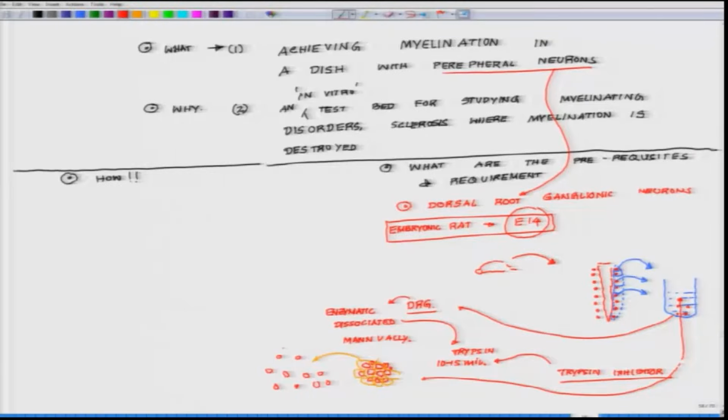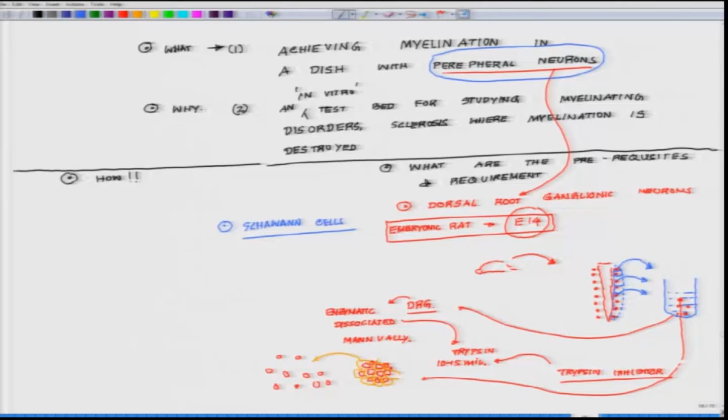you have your first prerequisite ready, that is, you have the peripheral neuron at your disposal, but now you want to achieve another thing. If this is the first prerequisite, there is a second prerequisite. The second prerequisite is that you will be needing Schwann cells, because you want to myelinate, and you are doing a peripheral myelination.